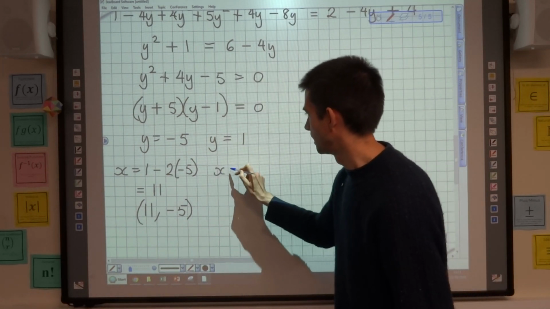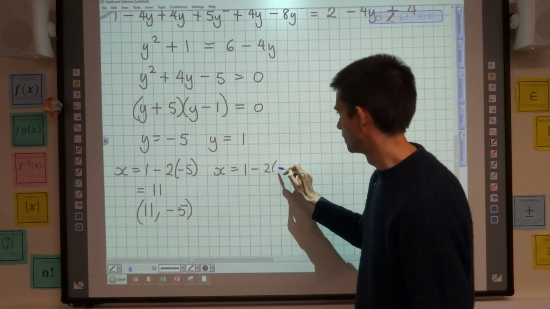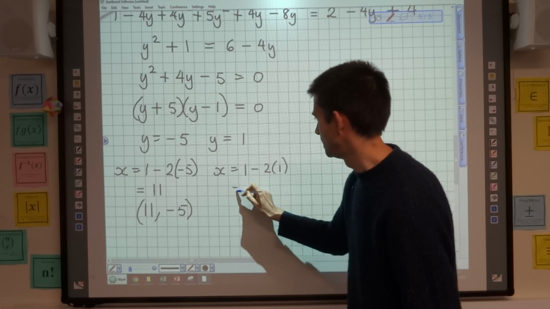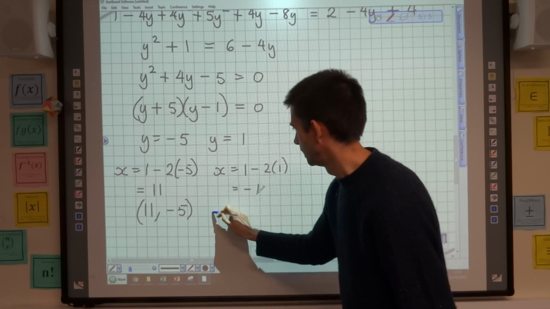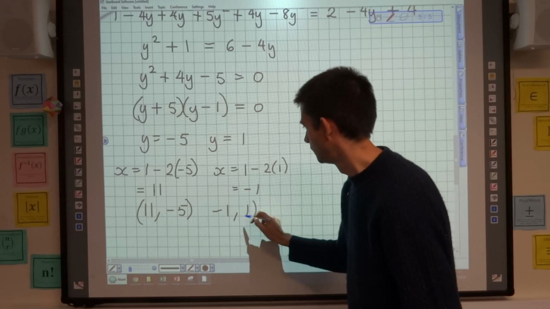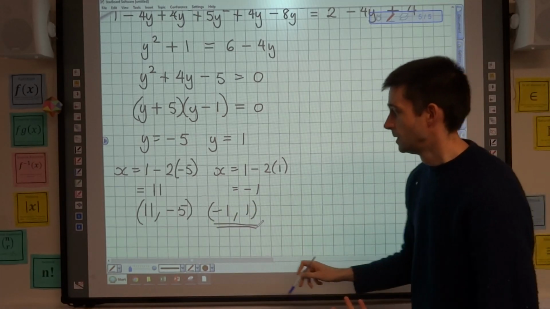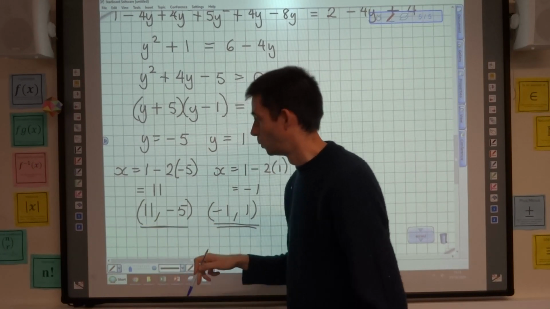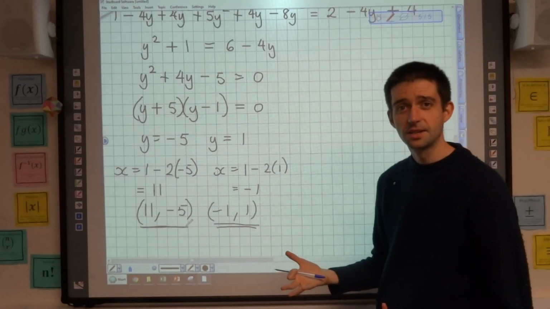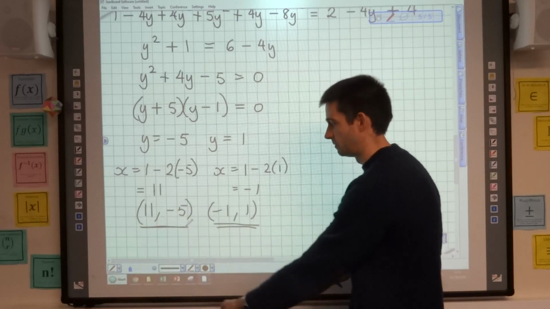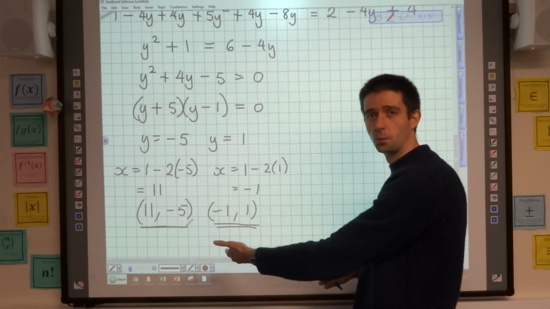And this one here, x equals 1 minus 2 lots of 1, which is negative 1. And that is going to give us a coordinate of (negative 1, 1). So these are then the two coordinates on the curve where dy/dx equals 0: (11, negative 5) and (negative 1, 1).